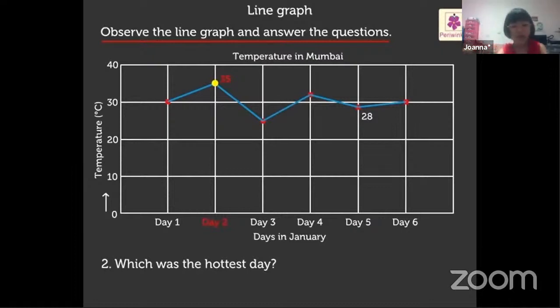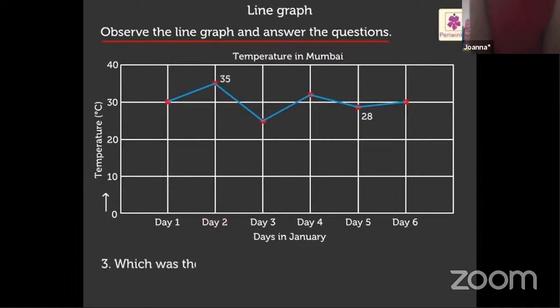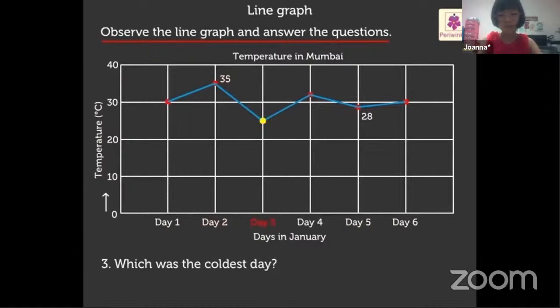Thus, we say, day 2 was the hottest day. Coming to 3. Which was the coldest day? As day 3 has the least temperature of 25 degrees Celsius, the answer is day 3.